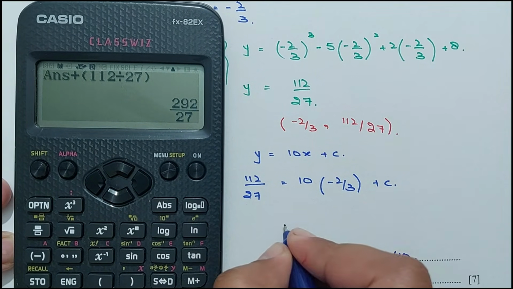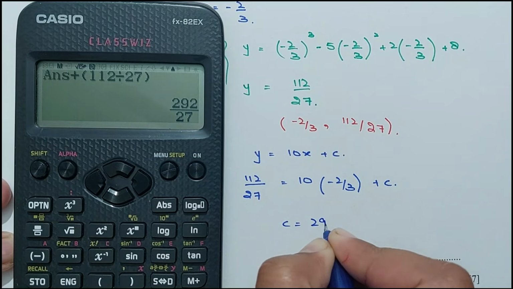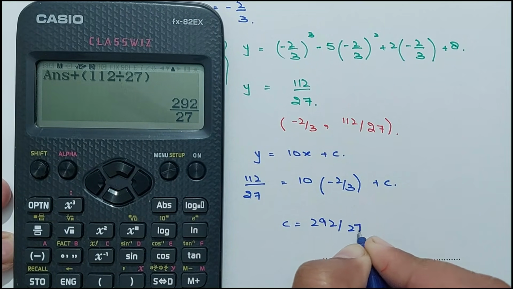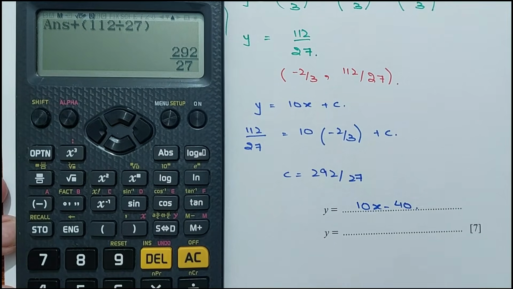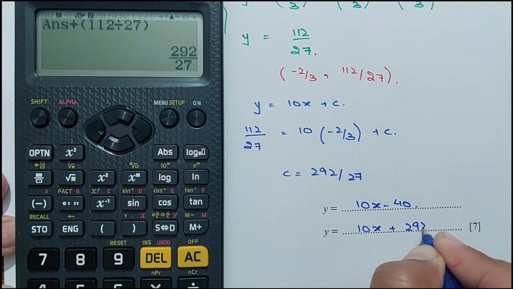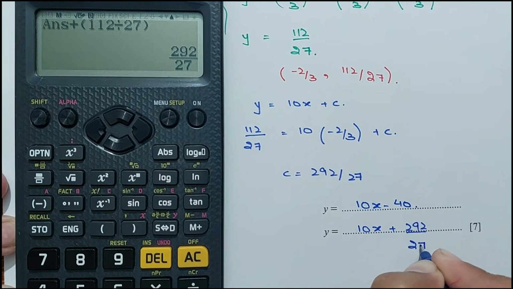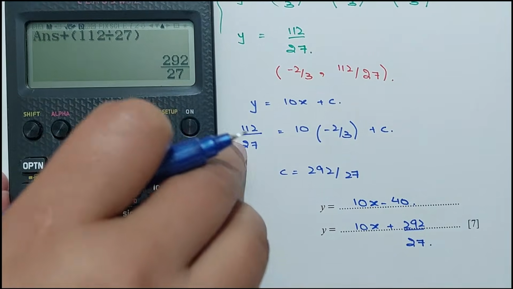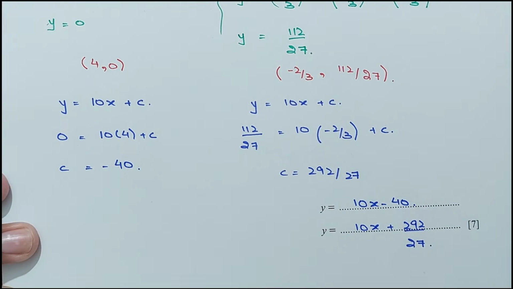This should be, the c is 292 over 27, right? The next equation is y equals 10x plus 292 over 27. So these are the two equations of tangent of this cubic polynomial.